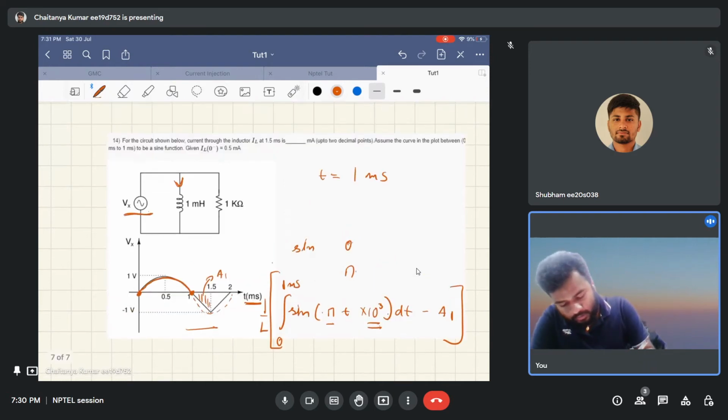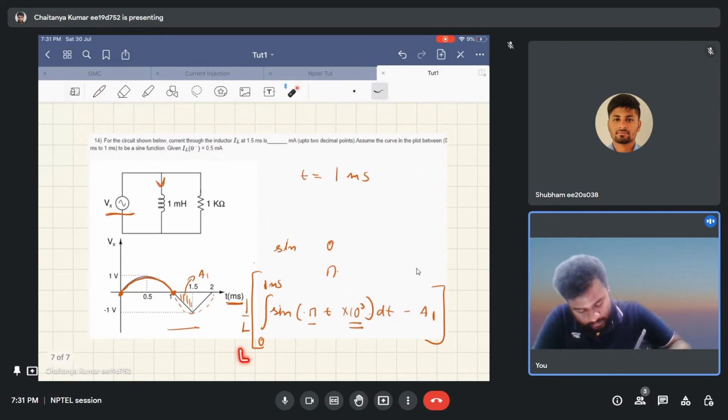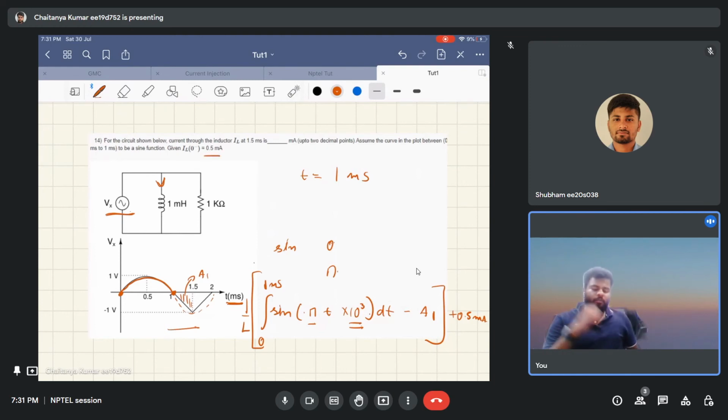Now one thing you must keep in mind is that you have been given an initial condition on the inductor current, that is 0.5 milliampere. So whatever this incremental current comes out to be, you need to add 0.5 milliamperes to it to get the actual value of the current, and only then will you have the correct answer, or else you will get an answer that is 0.5 milliampere less than the actual one.